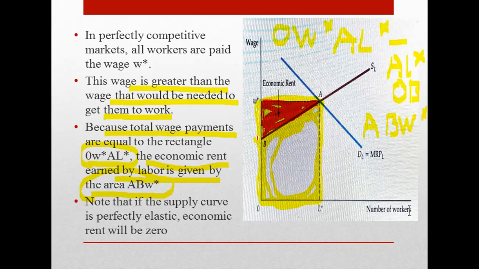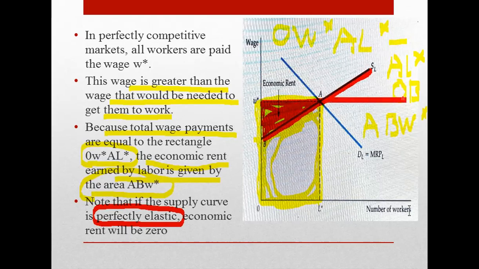Now note that if the supply curve is perfectly elastic, this is very important, economic rent will be zero. So this supply curve is an elastic supply curve. Let us suppose that it is perfectly elastic. Then it will look like this.